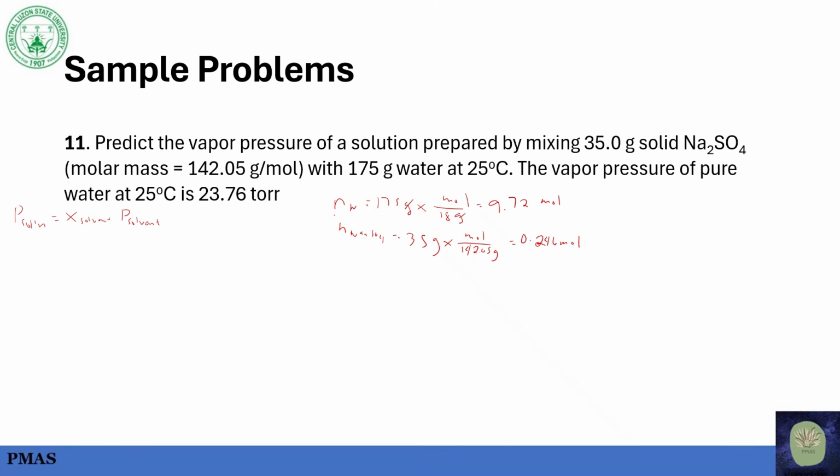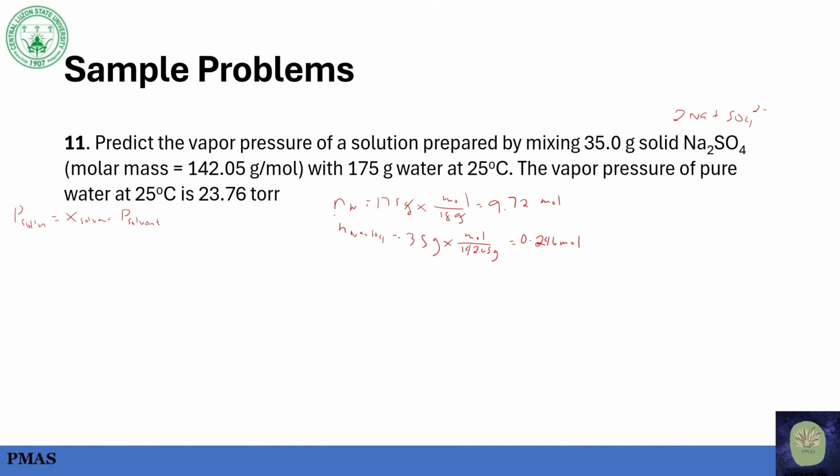Okay, but remember, if your solute is ionic in nature, meaning there would be many ions, we apply the Van't Hoff factor, which in this case we will have 2 Na positive, right? And 1 SO4 2 negative.